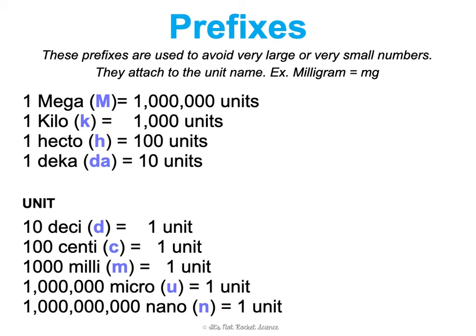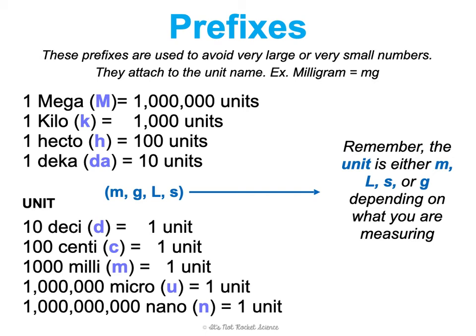So you have 1 unit per every 10 decis, like that. As we get into it, I hope it'll make a little bit more sense. The last thing we have are our base units that are always going to fall in the middle, which are going to be represented by meters, grams, liters, and seconds, depending on what you are actually measuring, okay? So these are our base units in the middle.